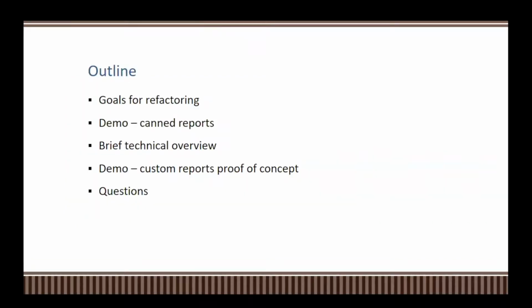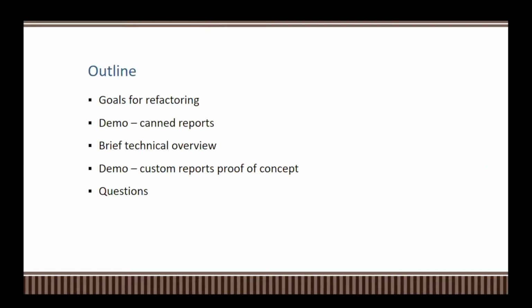So before I start, just give you a little outline of what I'm going to talk about. I'm going to start by talking about my goals when I was refactoring the reports, what I was hoping to achieve. And then I'll give you a demo of what the canned reports now look like. That's the predefined reports.